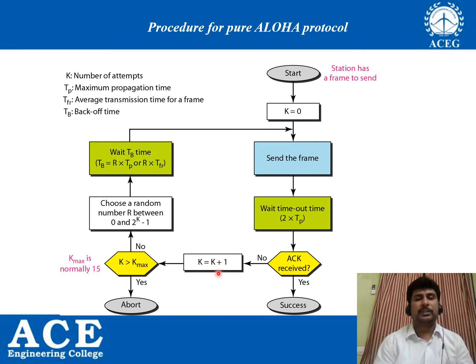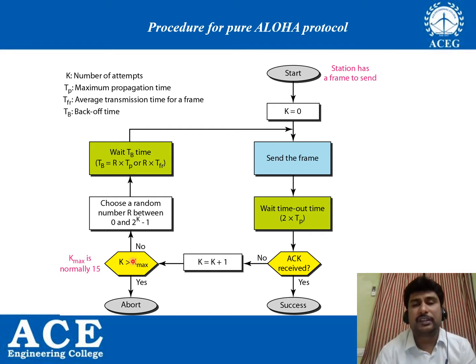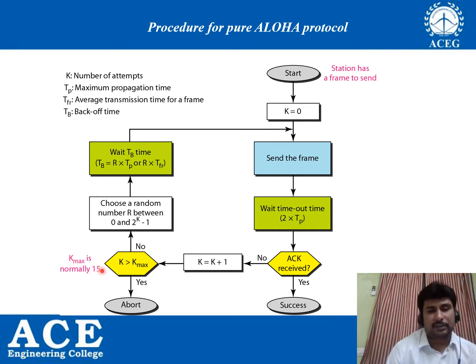Every time we need to check whether our attempt number is greater than or less than the maximum allowed attempts. Generally we set the maximum allowed attempts, k max, as 15. So 1 is less than 15, correct? Here the condition is k greater than k max. So 1 greater than 15 is false.